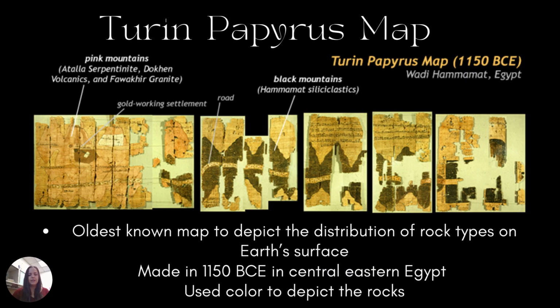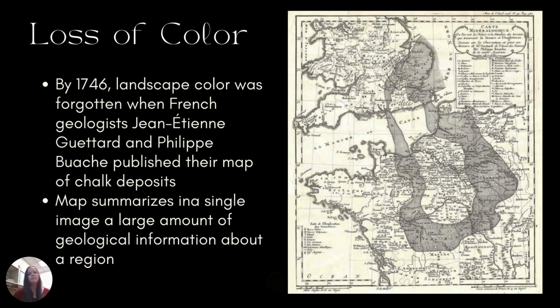And unfortunately, sometime in history, by about the mid 1700s, we lost color. They kind of forgot that we used the different colors to depict the different rock units that they were seeing. And so some French geologists produced this map.